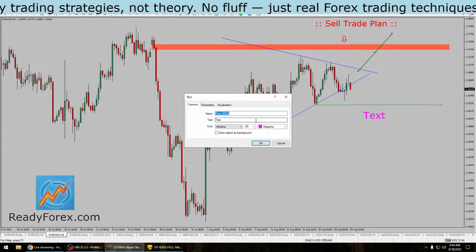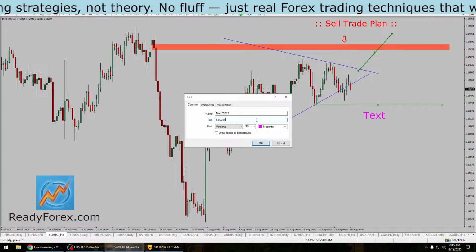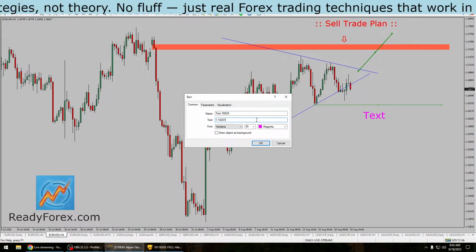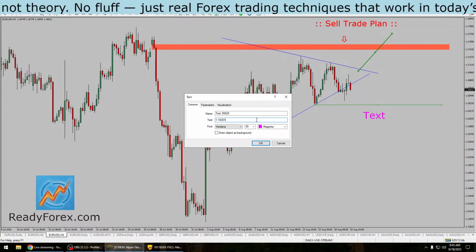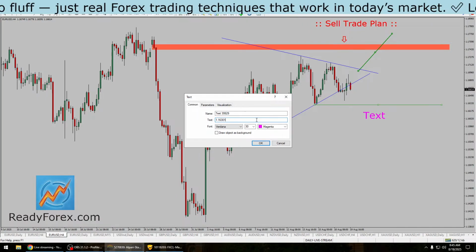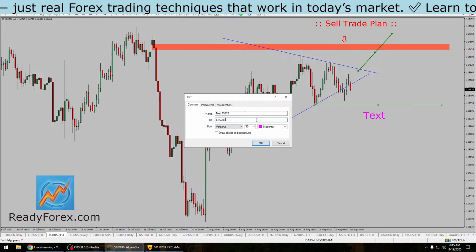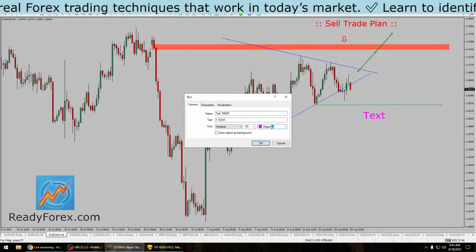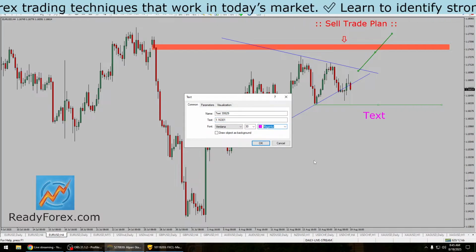So this one is the support right over here. Change the color to green.